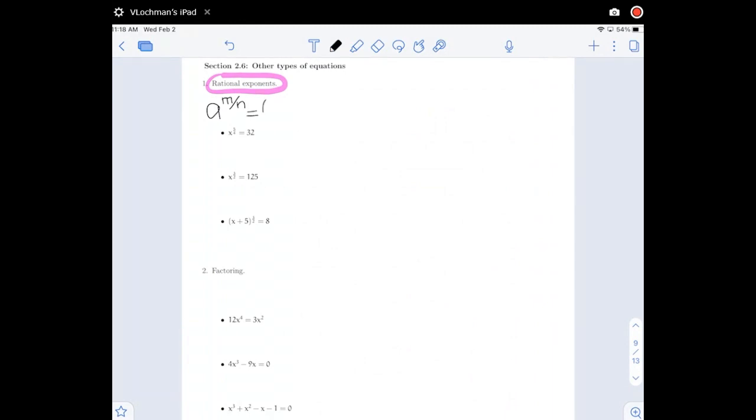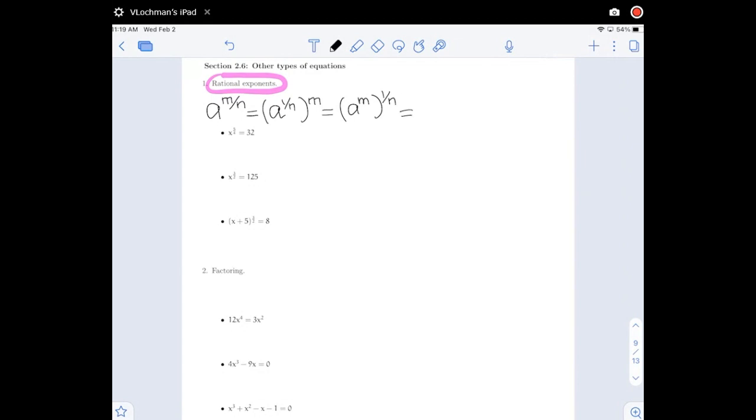Okay, remember that a to the power m over n, one way to think about it is it's 1 over n in the power and then raised to the m, right? So this is going back to the properties of exponents. And we can switch the order of it. We can raise it to the mth power first and then 1 over n.